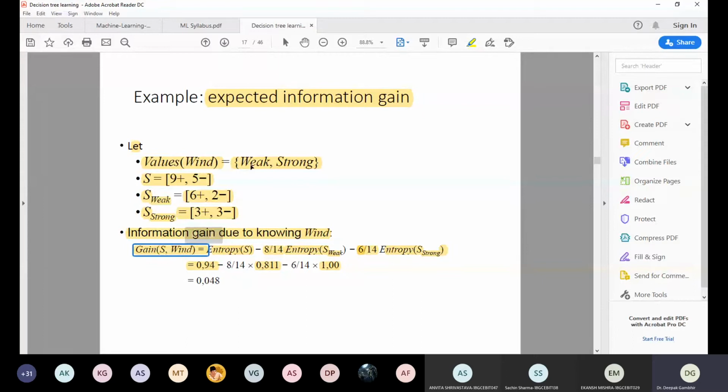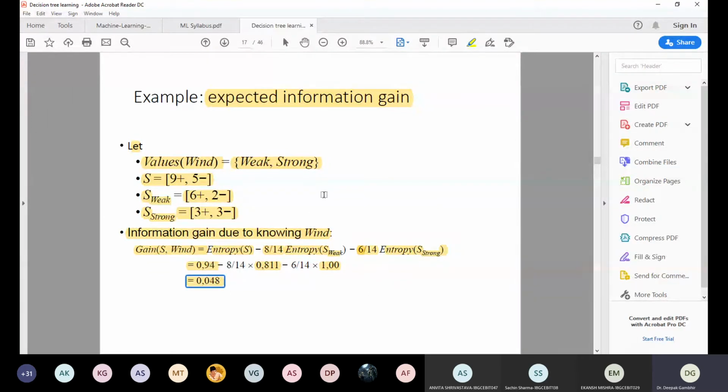In this case, the information gain is 0.048. So if I take the wind attribute with two values, weak and strong, and 9 positive and 5 negative cases, and divide into weak and strong sets, this results in an information gain of 0.048.